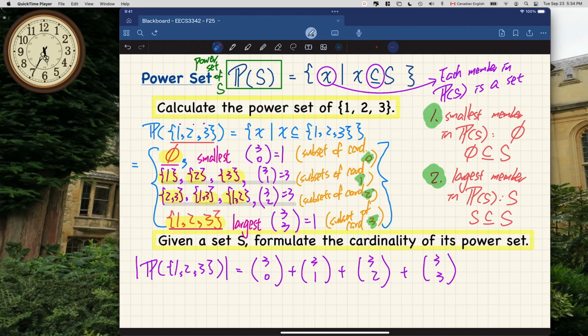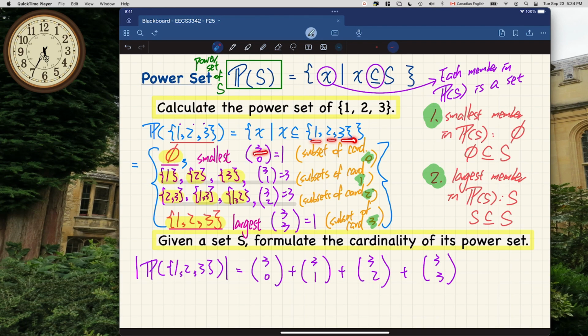And the way to systematically enumerate it is by considering the cardinality of each subset. The subset of cardinality 0, the subset of cardinality 1, and how many are there, right? That's also very important, because we know that the set itself has 1, 2, and 3 members.